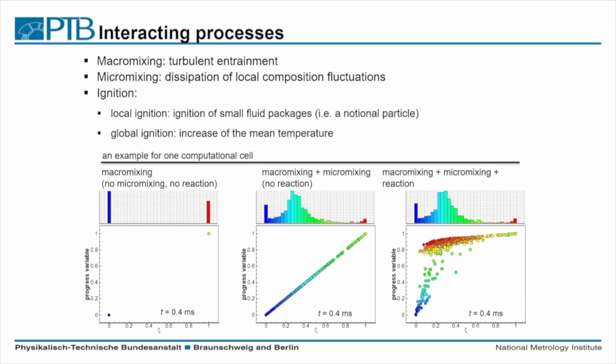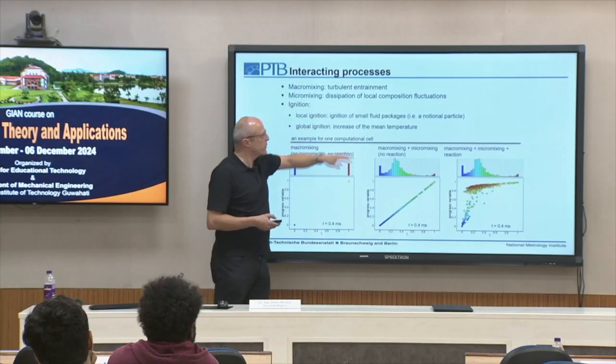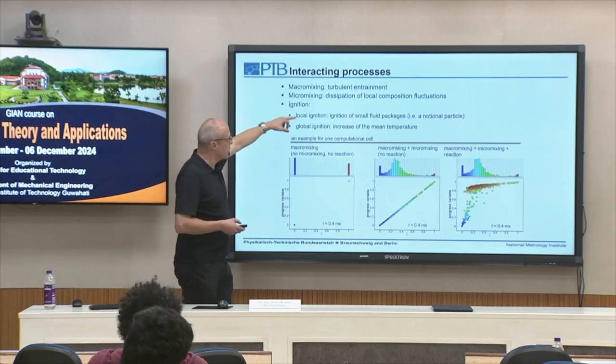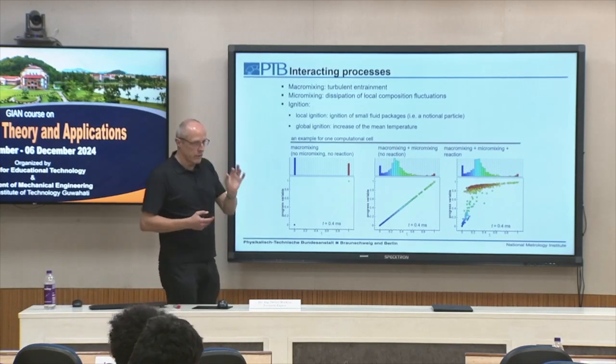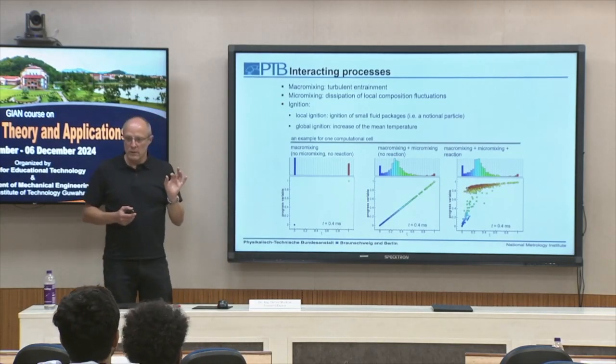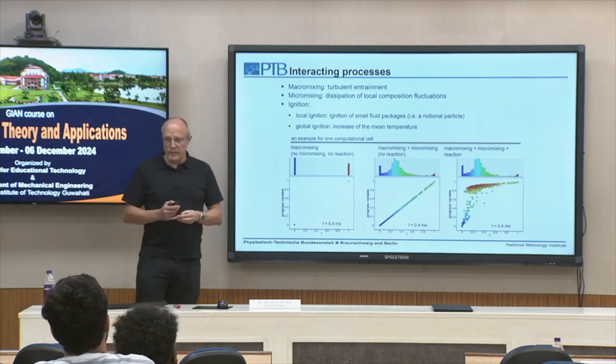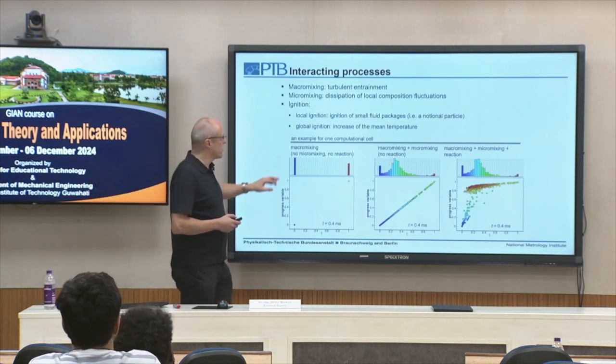So, for example, we have macro mixing due to the turbulent entrainment. We have micro mixing, so dissipation of local composition fluctuations, and we have a local ignition in a specific volume. The question is, does it lead to a global ignition?